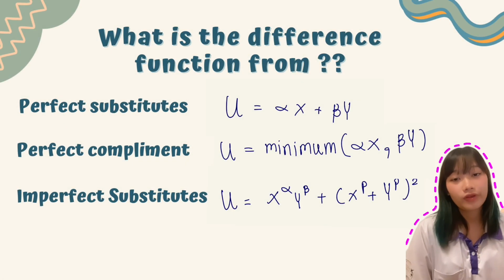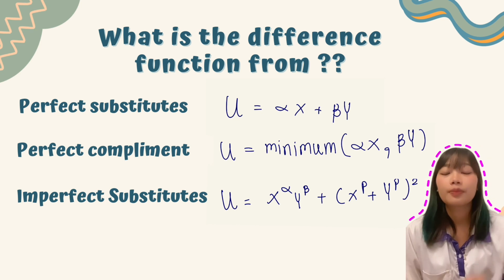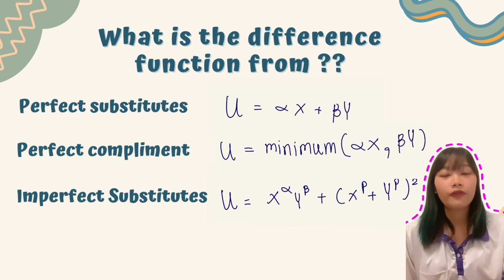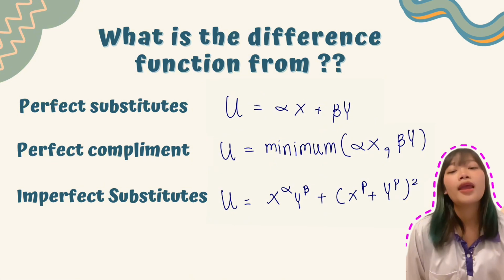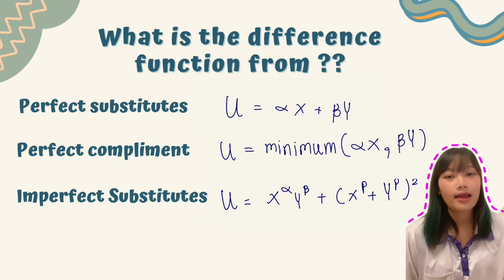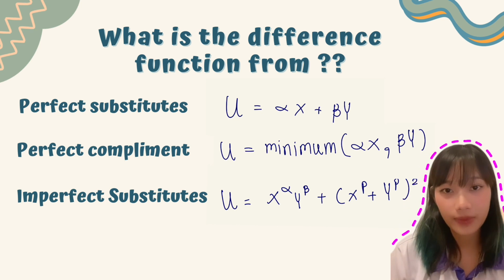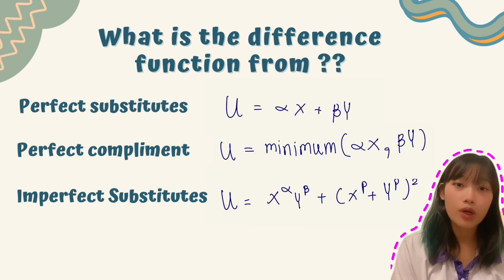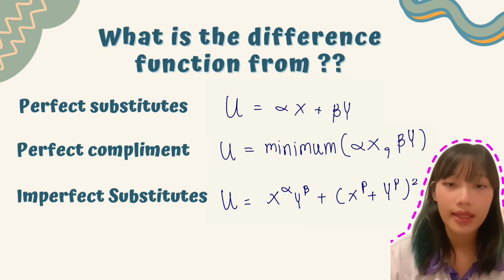What is the difference in function form? First one, perfect substitutes. Utility is equal to alpha times x plus beta times y. In this case, MRS is equal to alpha over beta, and the slope is constant. Second, perfect complements. The function form is different. Utility is equal to the minimum of alpha x and beta y.